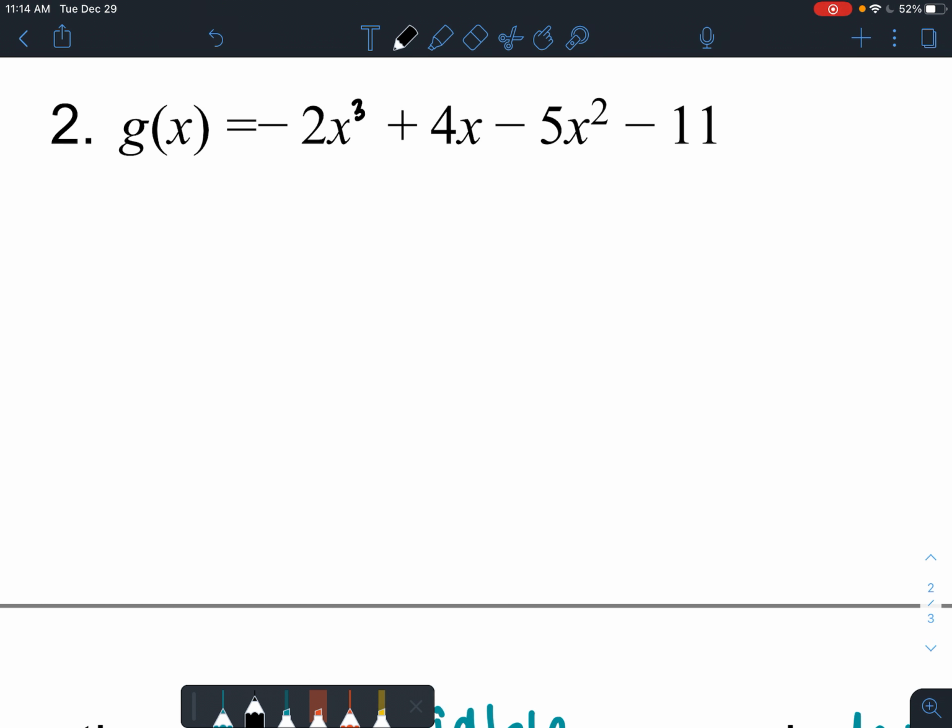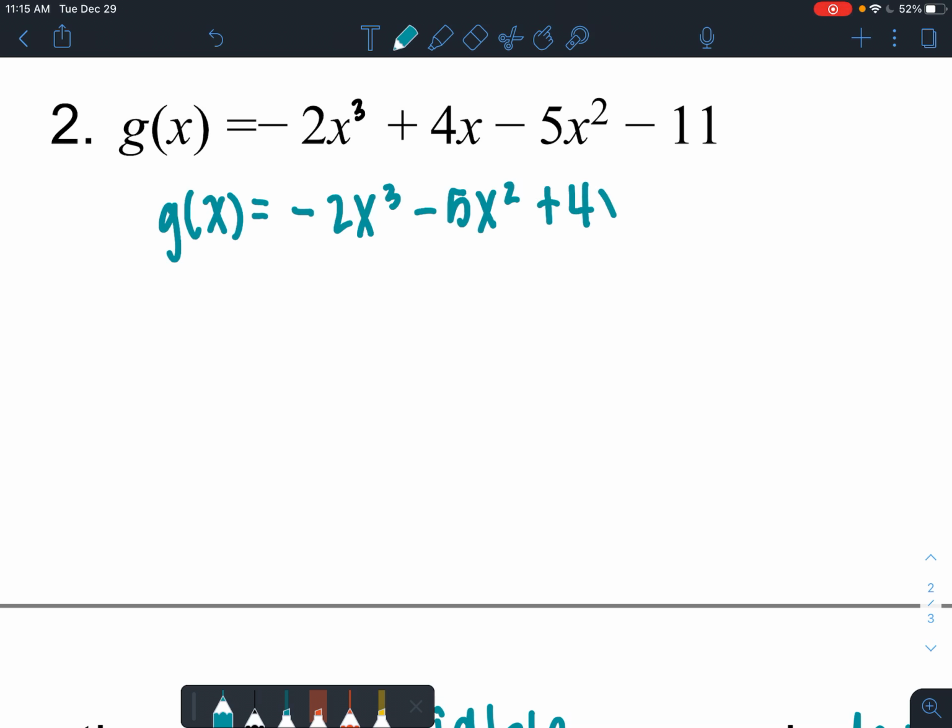Okay, so let's put it in standard form. This negative 2x to the third stays. Second comes negative 5x squared, then 4x, then negative 11.